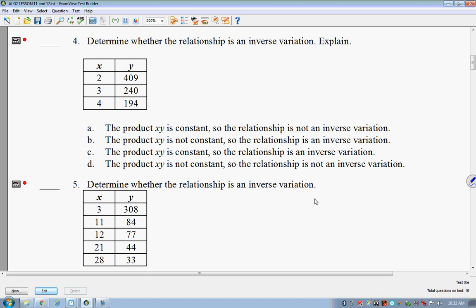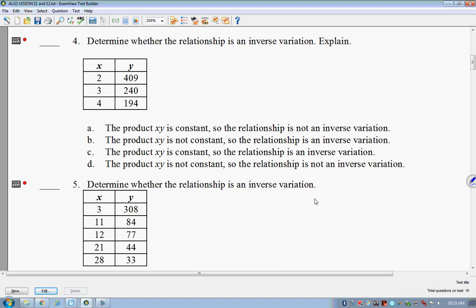What do I have to do to check? Multiply. 2 times 409 is? 3 times 240 is? Do I even need to multiply 4 times 194? No, because they're not the same. They're not a constant. So is it an inverse variation? No. I have to have a constant. It is not any kind of variation without a constant.